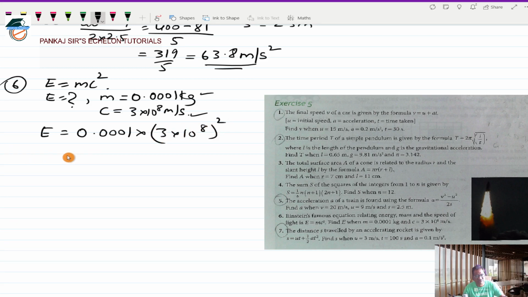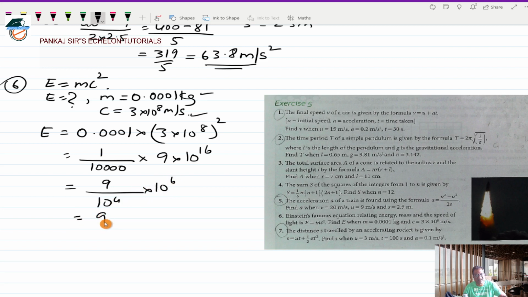This will work out to, now I'll write 0.0001 as 1 upon 10 raised to 4, into 3 square is 9, and 10 raised to 8 square will be 10 raised to 16. So basically my answer is 9 upon, now this is 10 raised to 16 and this is 10 raised to 4. So my answer will be 9 into 10 raised to 16 minus 4.